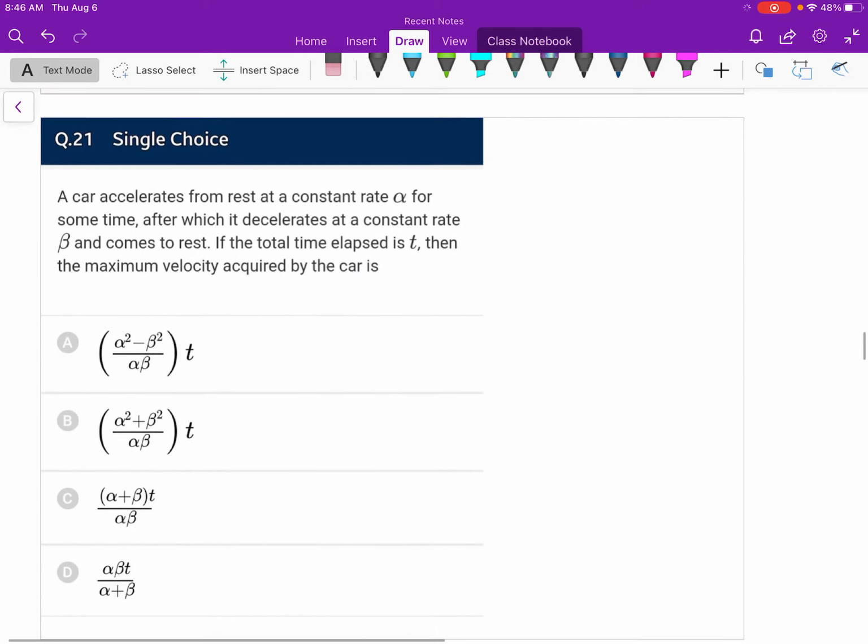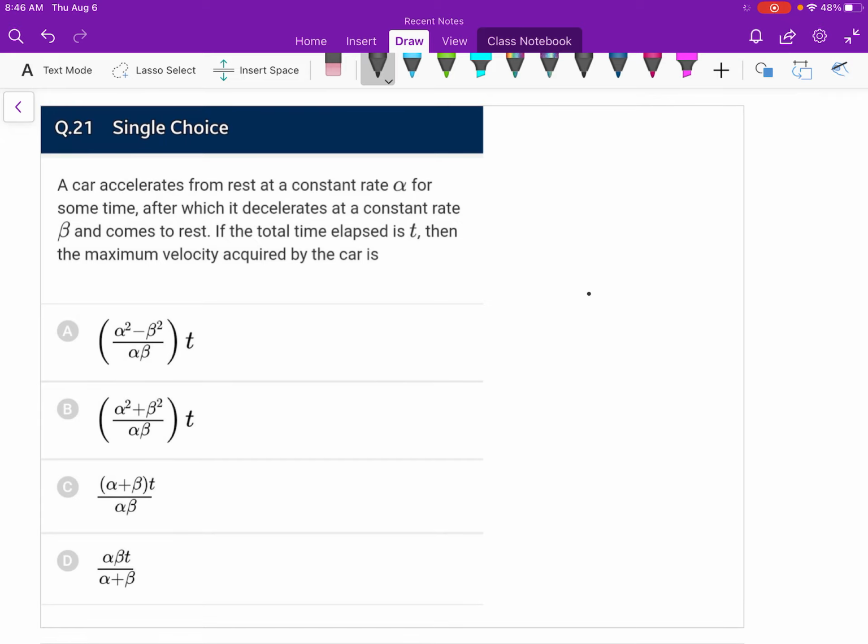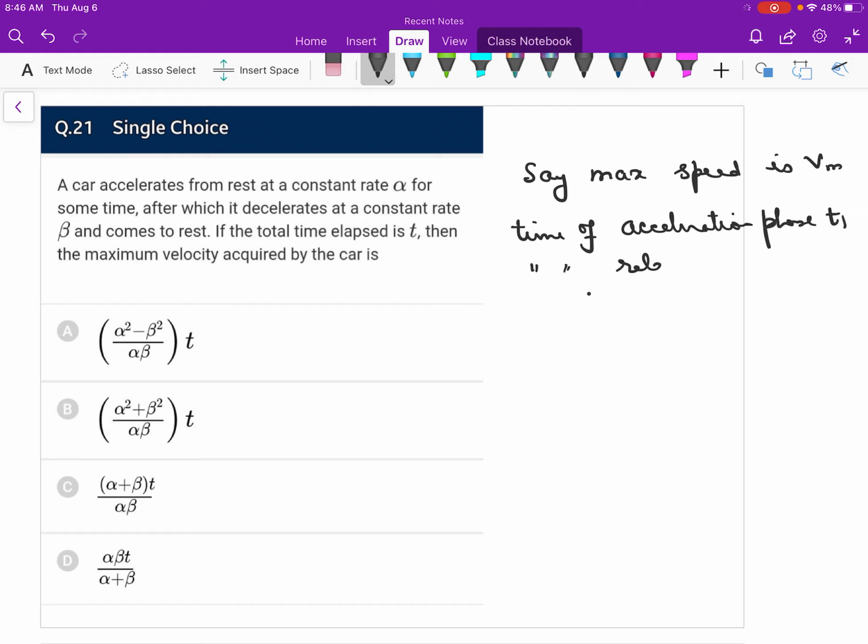Now next, a car accelerates from rest at a constant rate alpha, after which it decelerates. The total time elapsed is t, then the maximum velocity. So let's say maximum speed is vm. Time of acceleration phase t1 and time of retardation phase t2.